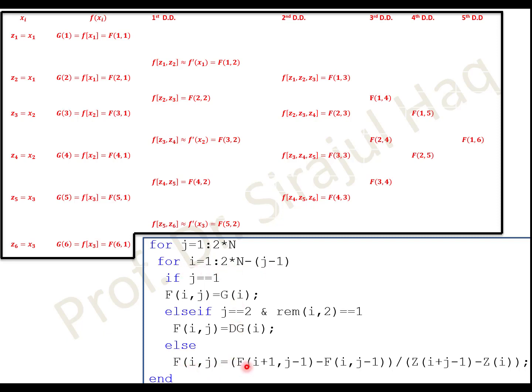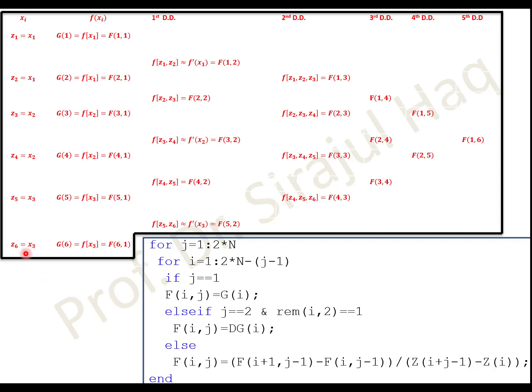f of 1, 6 is equal to f of 2, 5 minus f of 1, 5, divided by, let's come to this one. i is 1, j is equal to 6. 7 minus 1 is 6, minus z1.